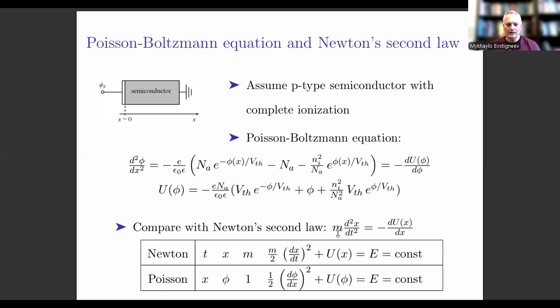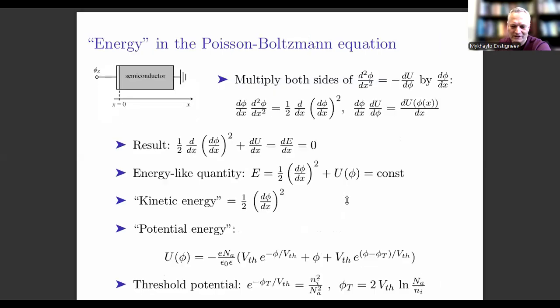All right. Now, if thinking by analogy is not something that you particularly like, if this type of reasoning seems a little bit suspicious to you, here is the rigorous derivation of this conservation law. Let's start with the Poisson-Boltzmann equation again.